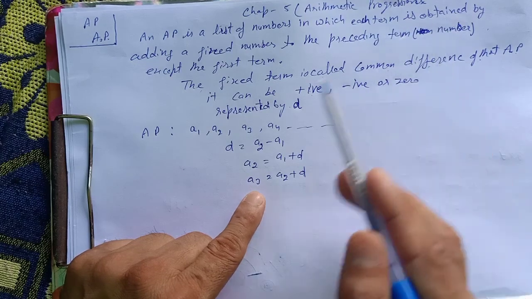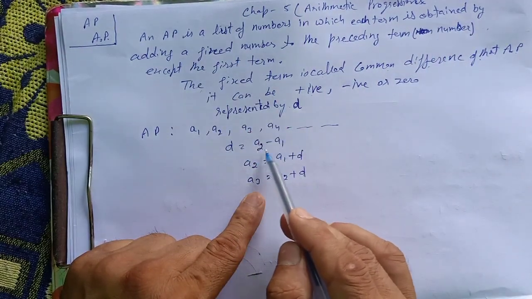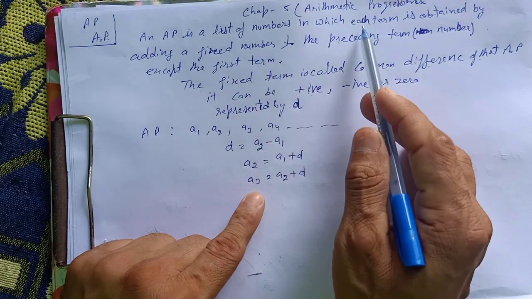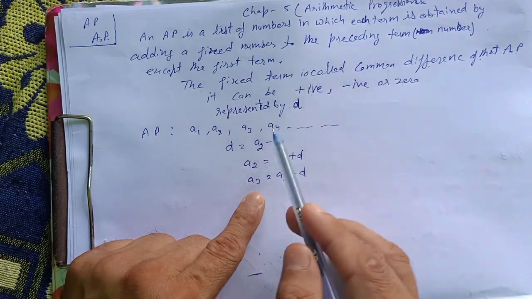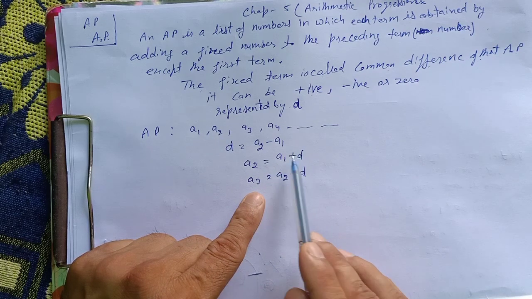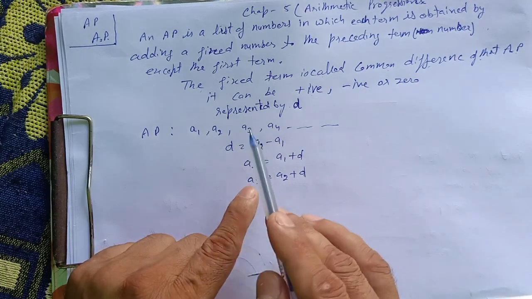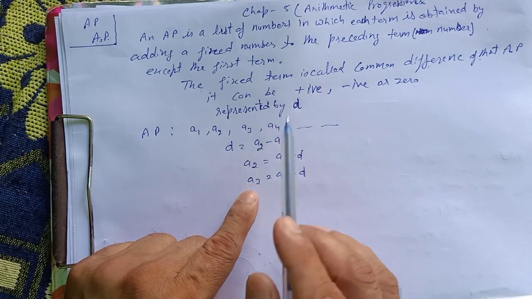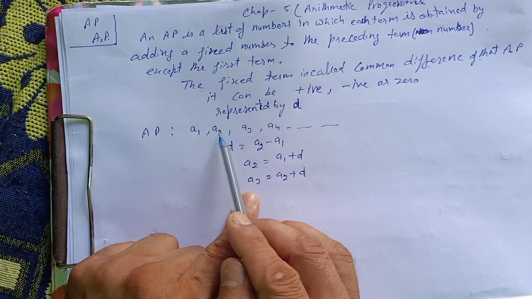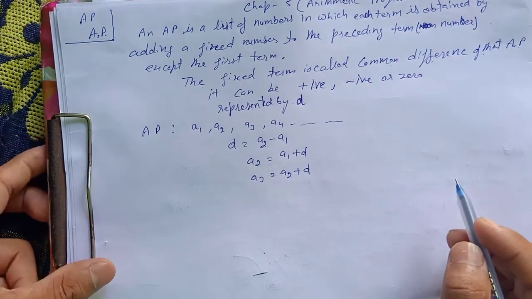Each term is obtained by adding a fixed number, this D is the fixed number, to the preceding term. A2 is obtained by adding that fixed number to the previous number, we obtain the second term, and the third term is obtained by again adding that fixed number to the previous term, and so on.